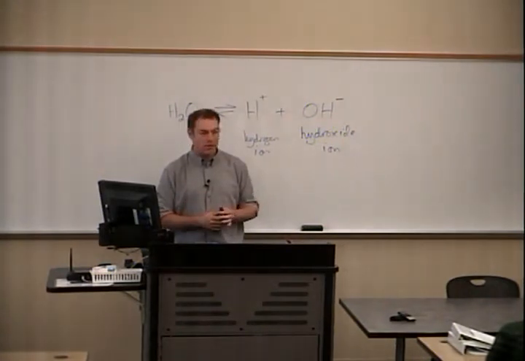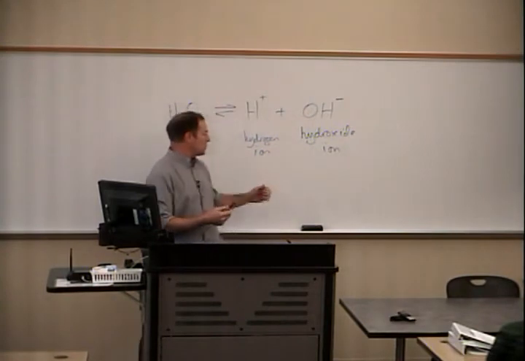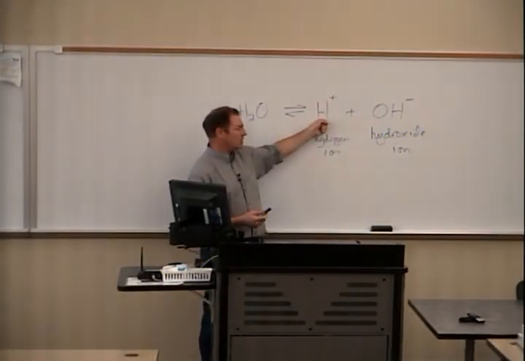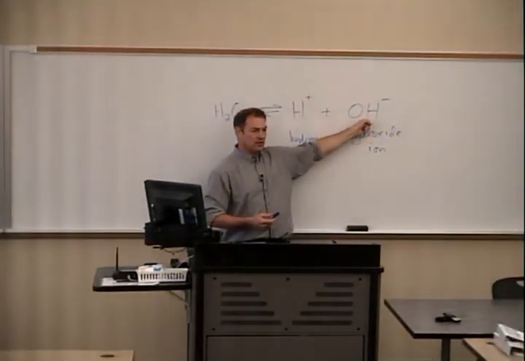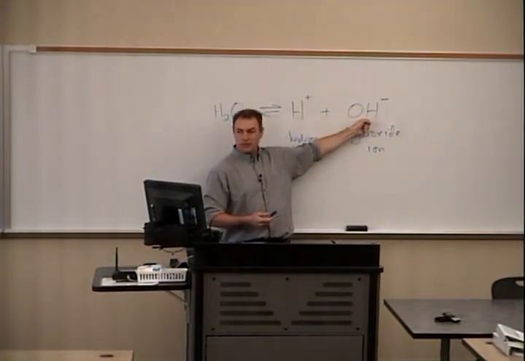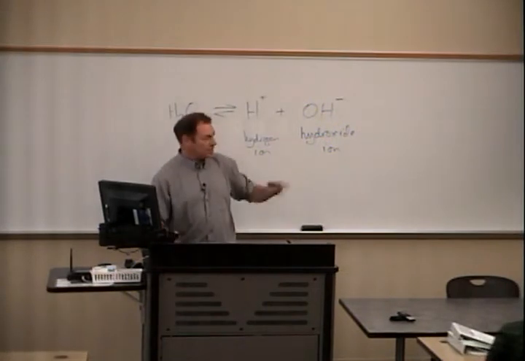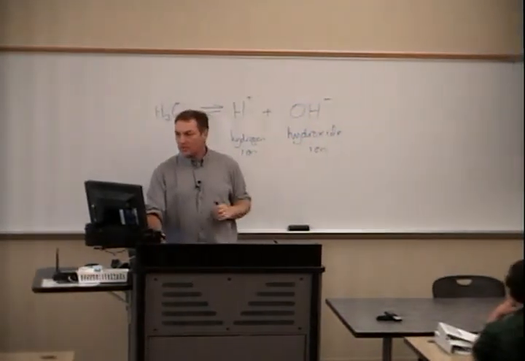We're going to keep it simple. We're not going to talk about it in terms of hydronium ions. I'm just going to talk about it in terms of hydrogen ions and hydroxide ions. Everyone okay with that? Okay. So that's an accurate picture of what happens.